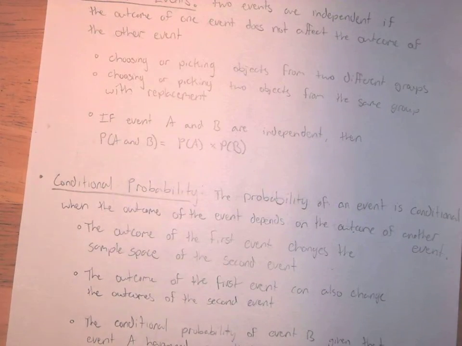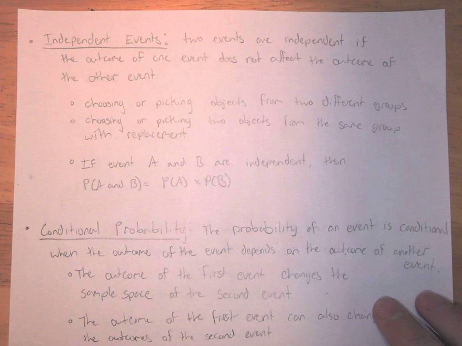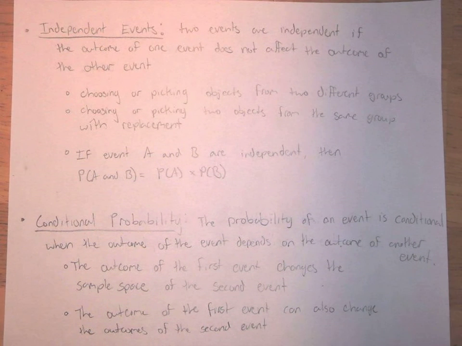Okay. Now we define this kind of already in section 10.5, but it's a good thing to refresh what independent is, because we're going to be talking about dependent, which is like the opposite. So two events are independent if the outcome of one event does not affect the outcome of the other.